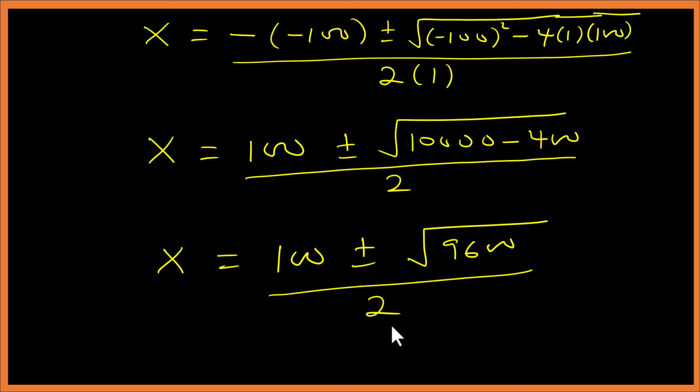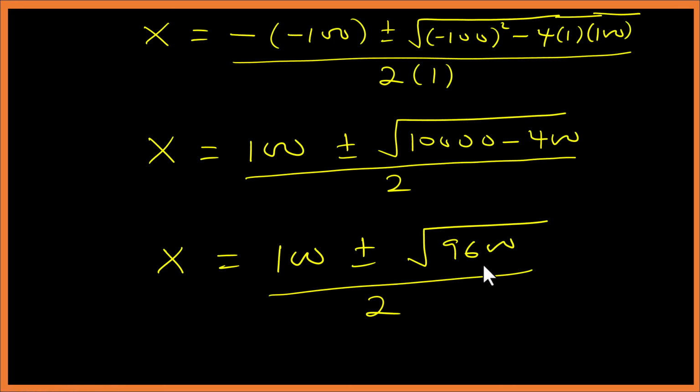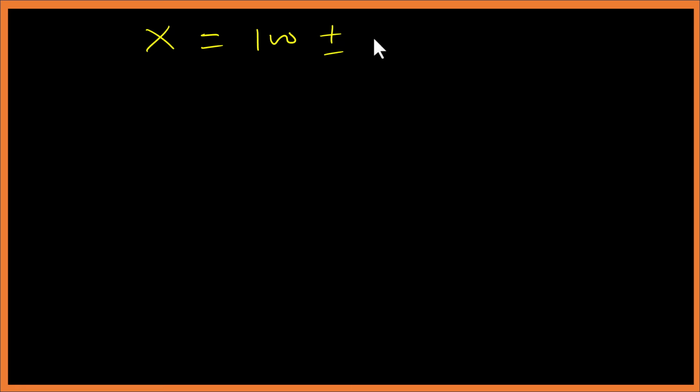All right, x will be 100 plus or minus, the square root of 9600 will be 40 with 6 from the calculator, on 2.